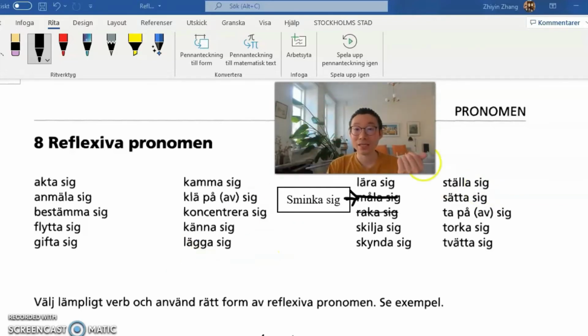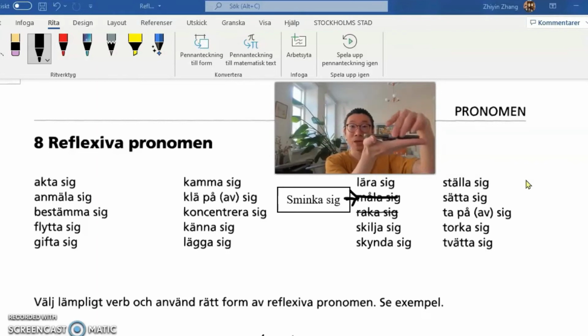So lägga sig and ställa sig, these two verbs are actually one verb in English. It's put. But in Swedish we have two different verbs for put. One is to put so that the thing or the person is lying, and that's the verb lägga. Så jag lägger min mobil på min hand.